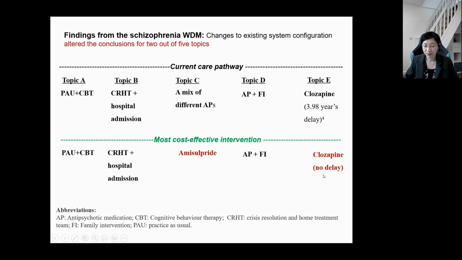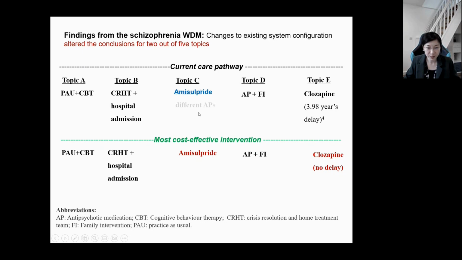My model shows that the most cost-effective option for topic E is that patients with treatment-resistant schizophrenia should get clozapine with no delay.